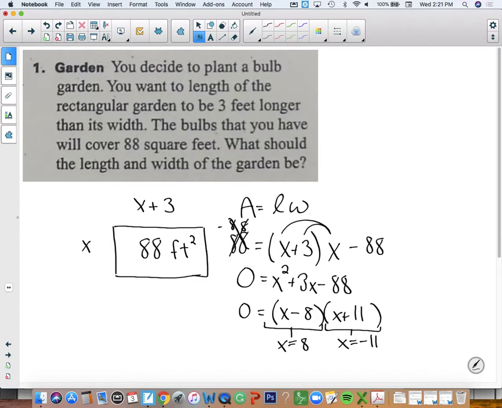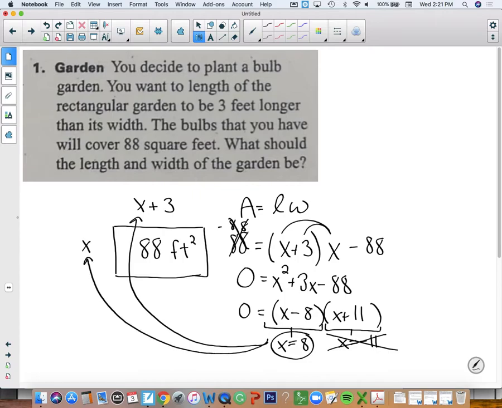Area is never going to be negative, so that one's out. So we have x equals 8. And we actually have to know the value of our side lengths, so you plug in an 8. Our dimensions would be 8 feet by 8 plus 3, which is 11 feet. We also could have gotten those here and here. Works out the same way, kind of cool.